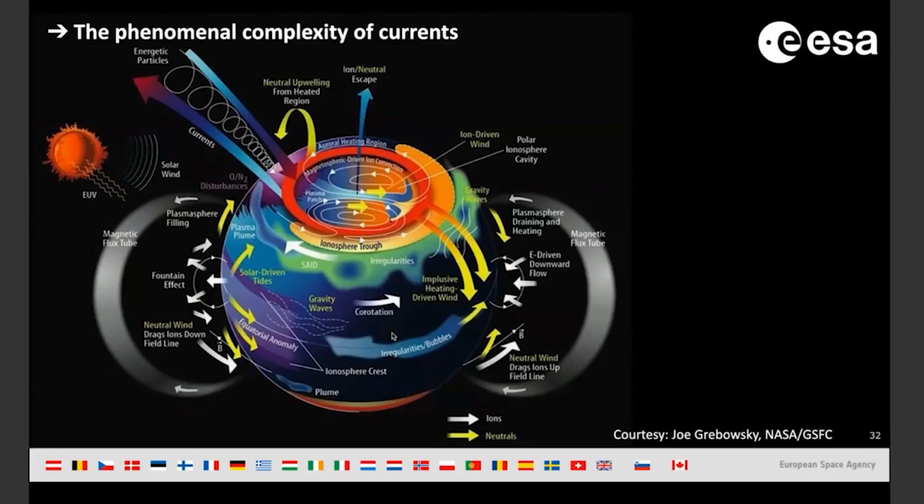This is then affecting not only the charged particles or the electrical particles that are flying around, but also the neutral atmosphere. I have a nice animation which shows what happens when there is a storm in space, a geomagnetic storm following a big burst of activity on the sun that is sending a lot of solar wind towards the Earth, and how the Earth's atmosphere responds to that.